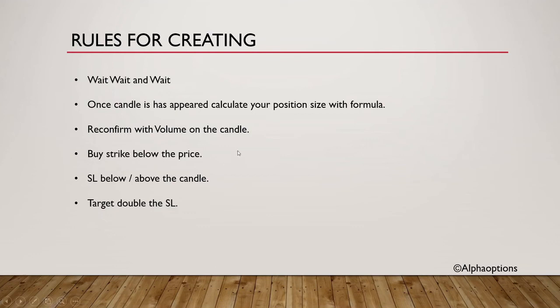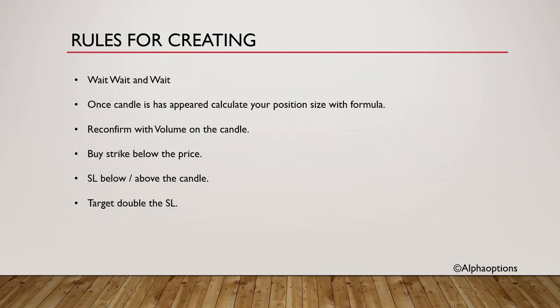And then always buy the strike which is below the price. Okay, always look out for the strike which is below the price, because that will have a good delta, so it will not be out of the money, it will be in the money. And the stop loss goes below or above the candle. If you are buying a put, it has to be above the candle which is forming on the Bank Nifty spot chart.